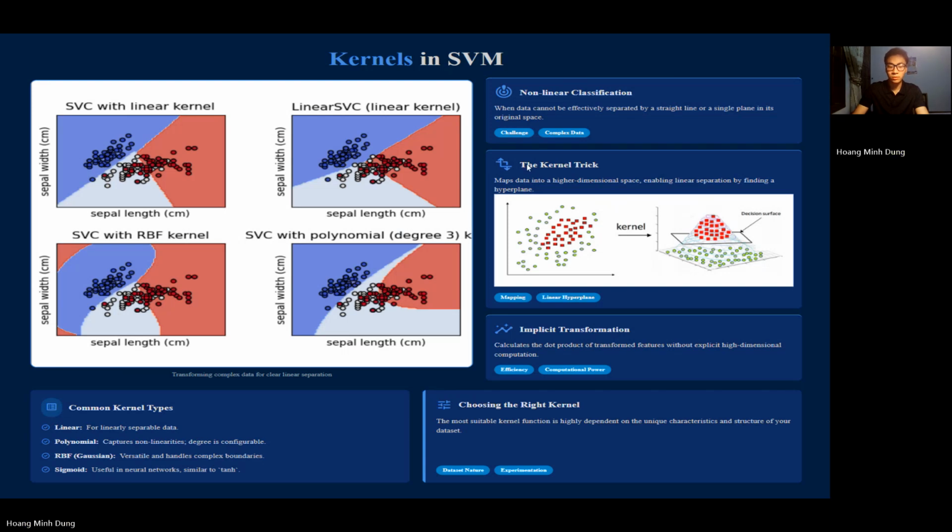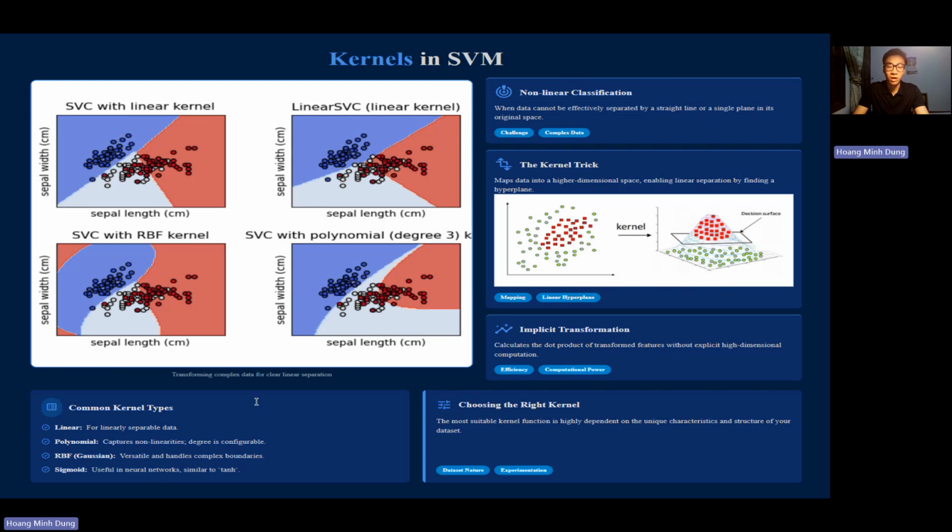The kernel trick that we have heard about from previous lectures is a powerful technique that maps the data into a higher-dimensional space, for example from 2D to 3D. In this new space, the data can be separated by a linear hyperplane. This is done efficiently using an implicit transformation, which avoids the heavy computational cost of explicitly transforming the data.